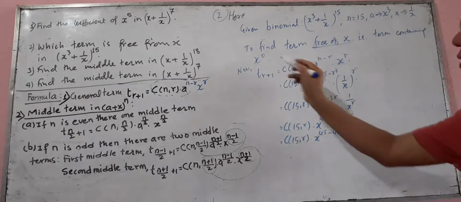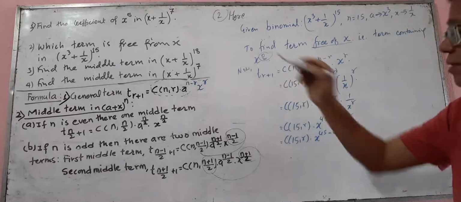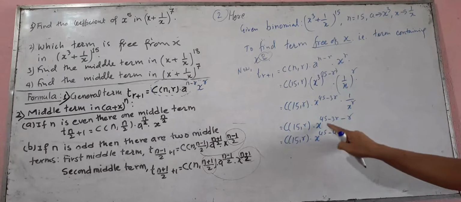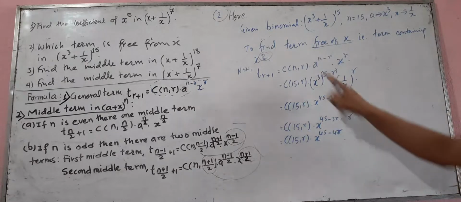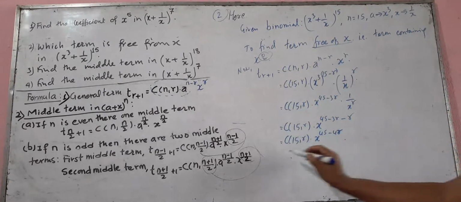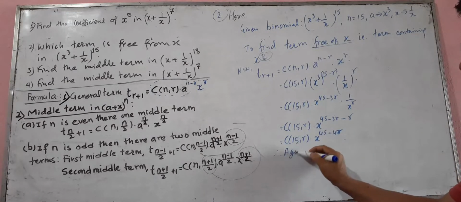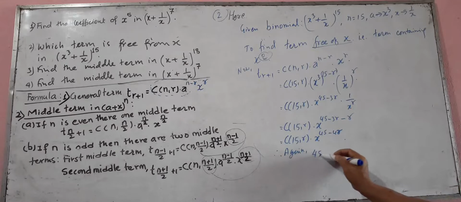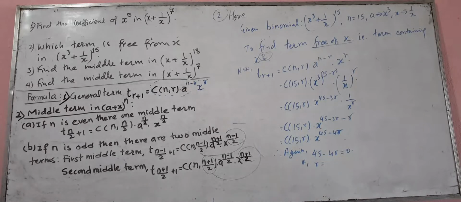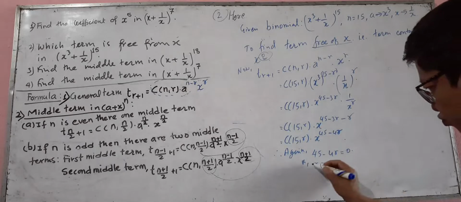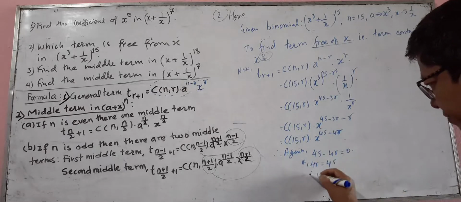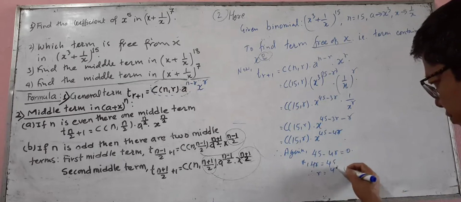Okay, now what we have here? The power of x is 0. So we equate 45 minus 4r with 0. So again, equating 45 minus 4r equal to 0, this means 4r equal to 45 and r is equal to 45 by 4.